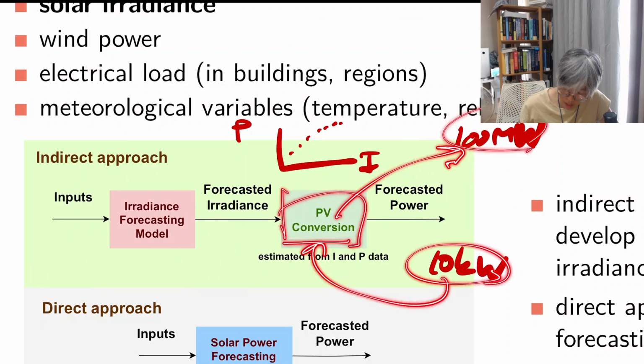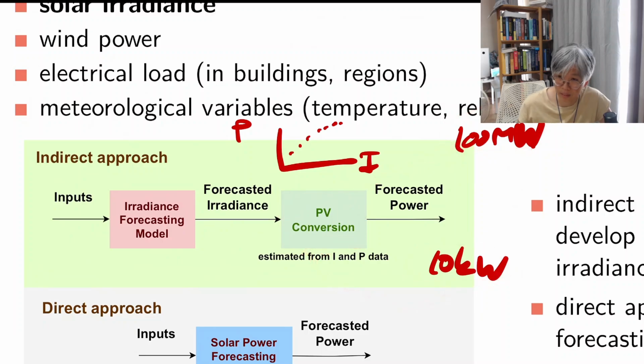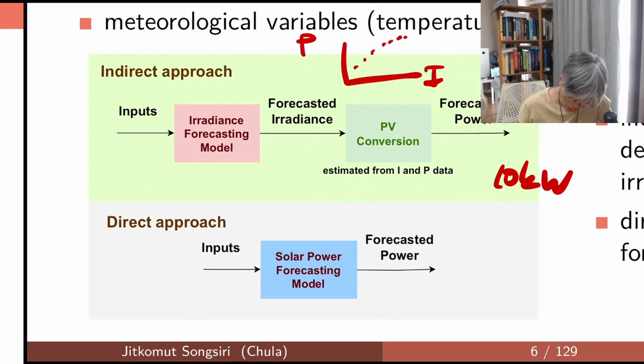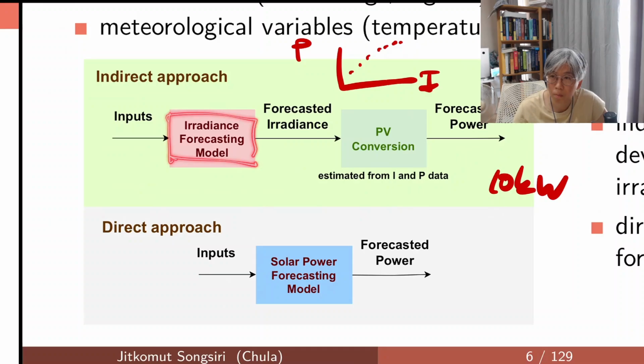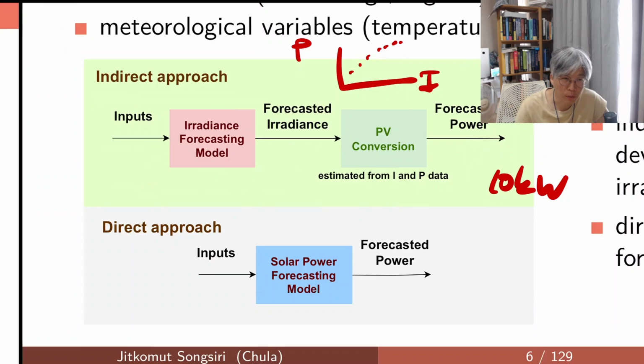This solar site will have a smaller factor. That's all. So that's an advantage of the indirect approach: you fine tune this model using a lot of data from different geographical locations, and you can use it for any location of your interest.